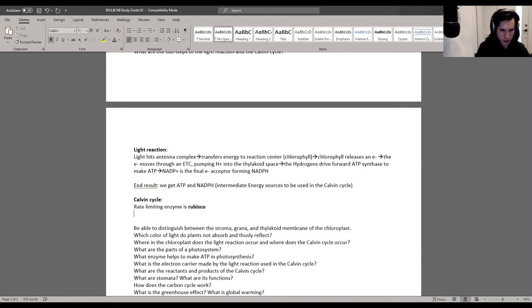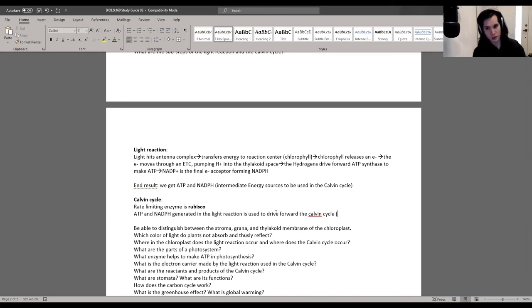So the rate limiting enzyme is Rubisco within your Calvin cycle. And then I'm going to truncate this and say ATP and NADPH generated in the light reaction is used to drive forward the Calvin cycle.